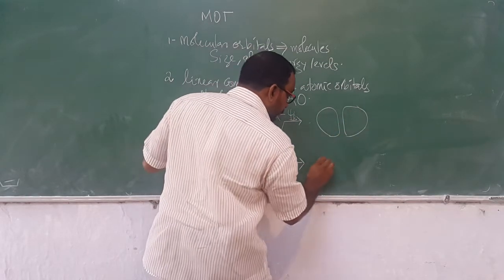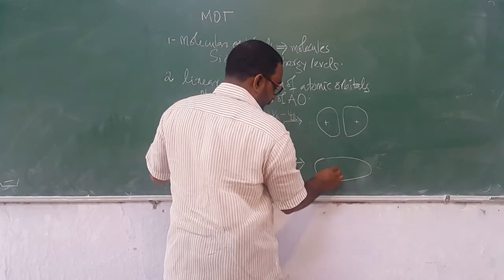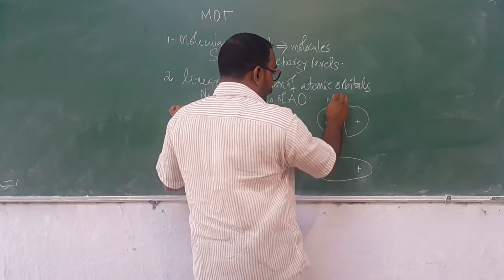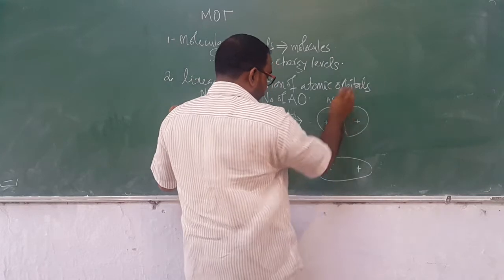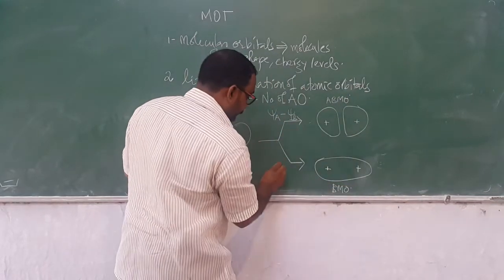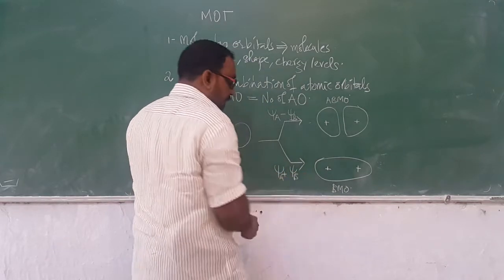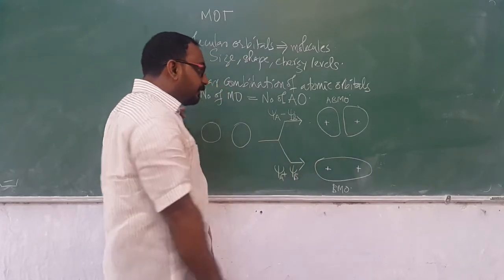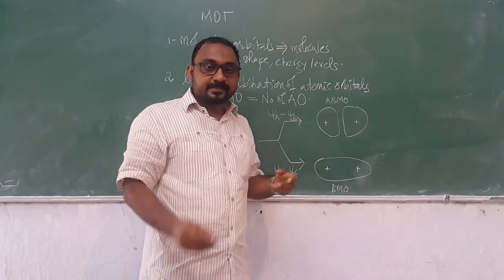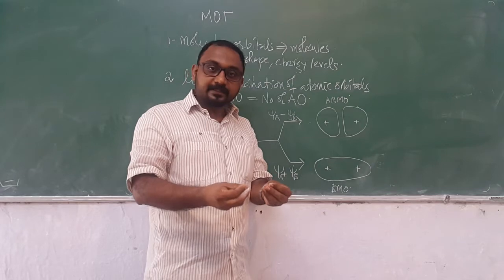When it is addition, it comes like this. This is one nucleus, atom one, and nucleus, atom two. This is anti-bonding molecular orbital. And this is bonding molecular orbital, formed by psi A plus psi B, the addition mode.